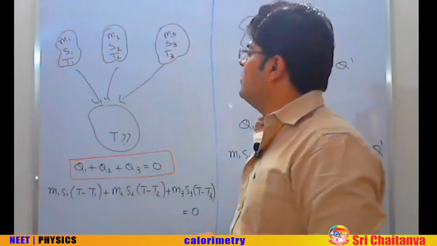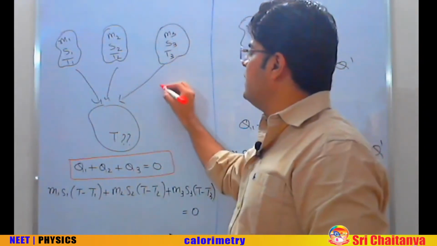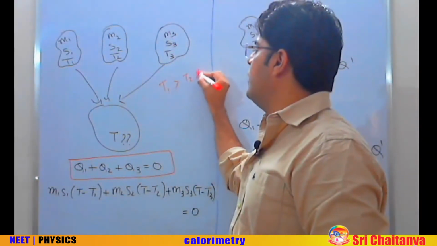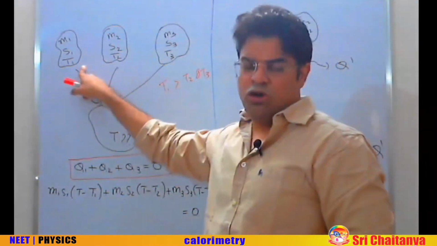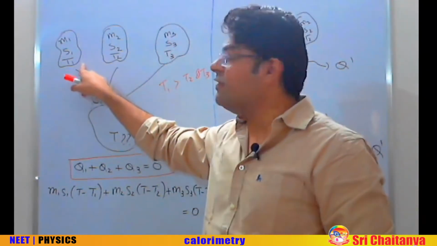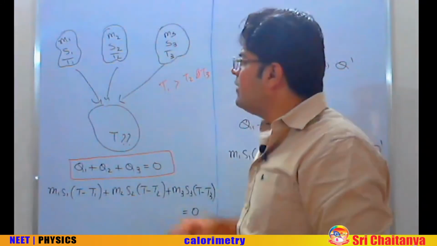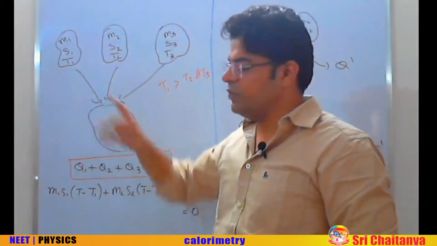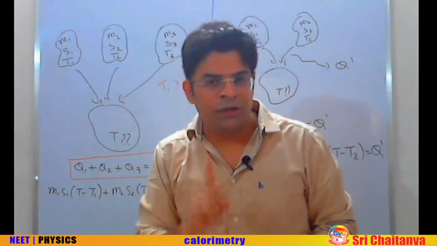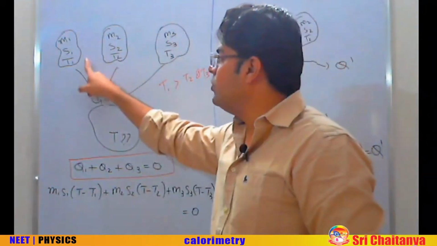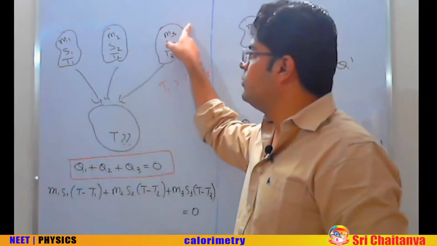But sir, what if let's say T1 is greater than both T2 and T3? Then this one will lose energy, it will give out heat, and the other two might take heat from it. Then how can you write that heat given to 1 is 0? But I haven't said that heat given to 1 is 0. I am saying that heat given to 1 plus heat given to 2 plus heat given to 3 has to be 0.